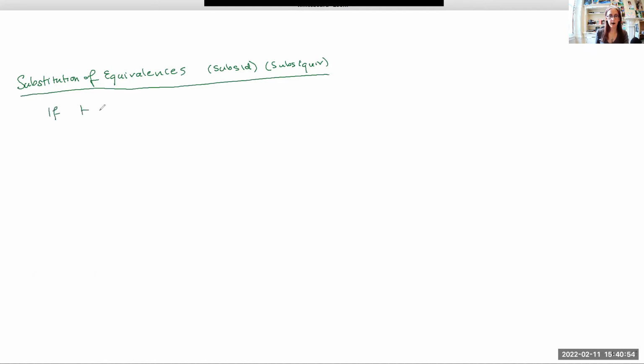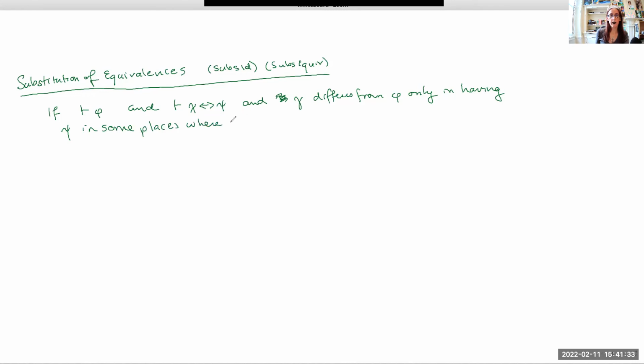If you can prove some formula phi, and you can also prove, so this is provable equivalence that we are requiring, that some formula chi is equivalent to some formula psi, and then some other formula gamma differs from phi only in having psi in some places, not all, just some, where phi has chi, then you can prove gamma as well.